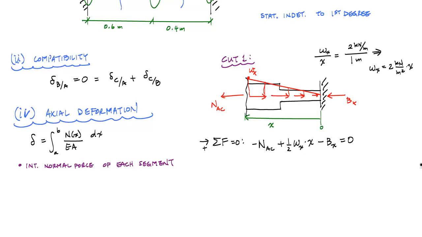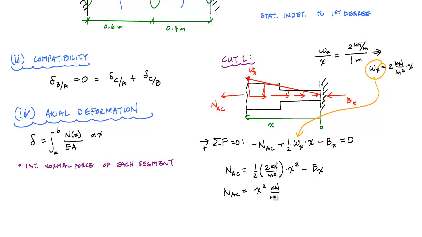And that would tell me, now I'm going to substitute this Wx into here, and so now I'll have 1/2 times 2 kilonewtons per meter squared times x squared minus Bx, and that is just x squared kilonewton per meter squared minus Bx.